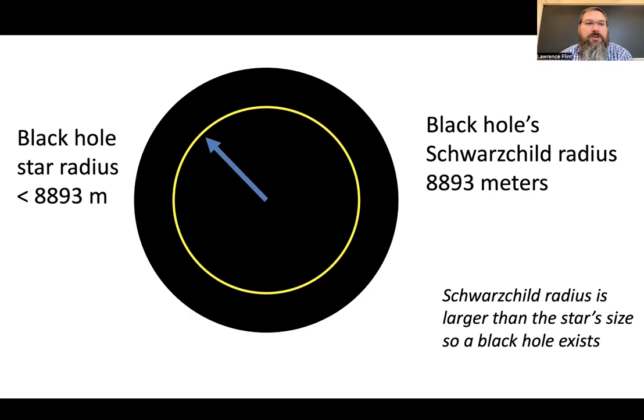So in this little illustration, the black hole is illustrated by the yellow circle, and the Schwarzschild radius is 8,893 meters. That's the size of the black circle. So all of the mass of the black hole may actually reside within the yellow circle, but the Schwarzschild radius is larger, the size of the black circle, 8,893 meters.